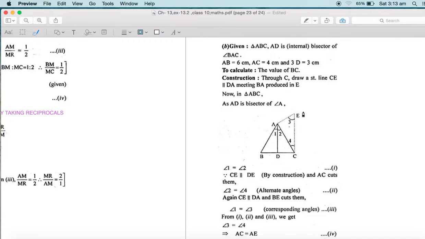Let's see what we'll do. First of all, we'll do a construction. Through C, draw a straight line CE such that AD is parallel to CE.